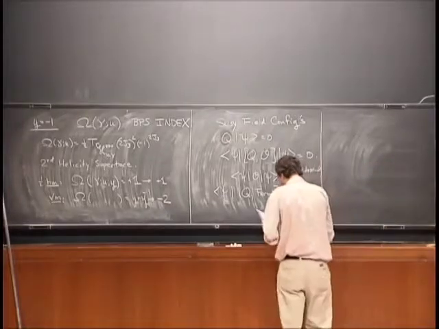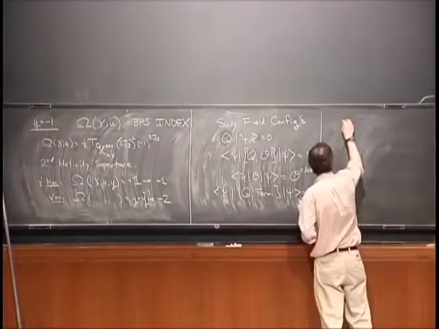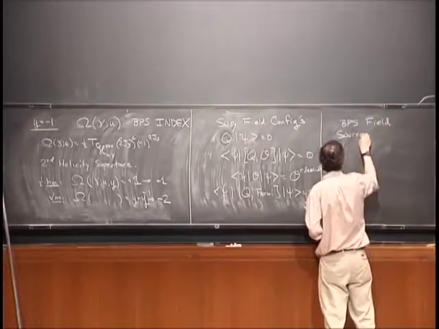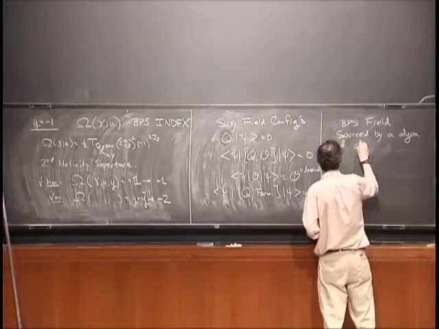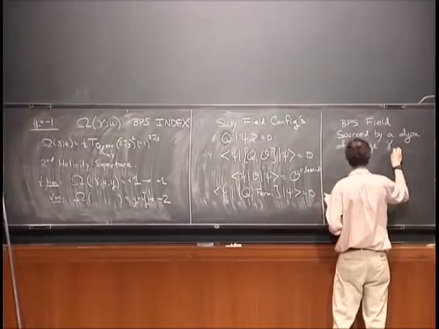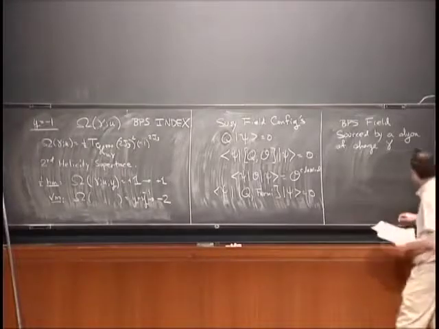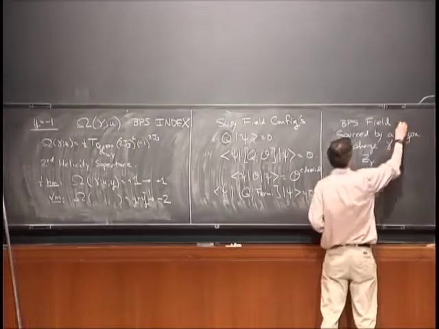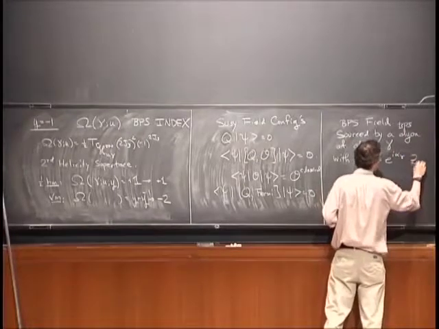So let's consider the BPS field configuration which is sourced by a dion of charge gamma, a BPS dion of charge gamma with phase e to the i alpha gamma times the absolute value of z gamma.